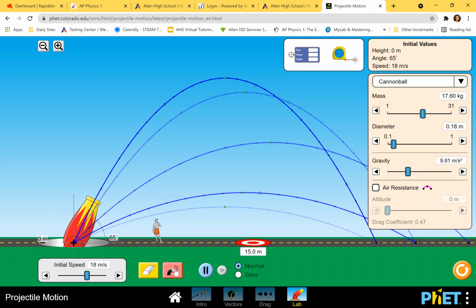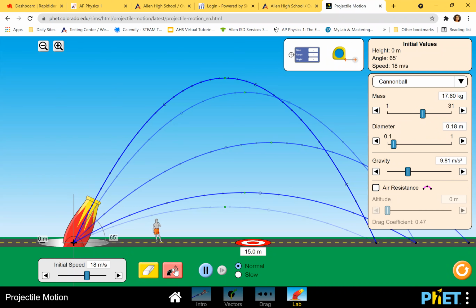And it lands in the same place. Again, this is without air resistance, but complementary angles, as long as everything else stays the same, I didn't change anything but the angle, have the same range. 45, well, that's already built into itself. 30, 60, 25, 65, any other complementary pair you can come up with should have the same range.